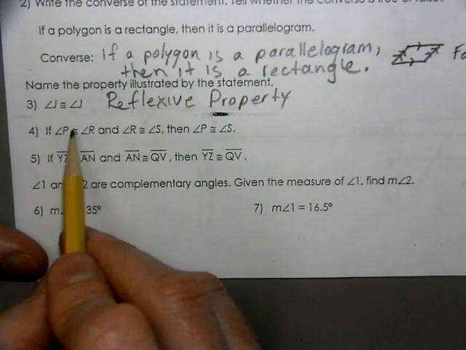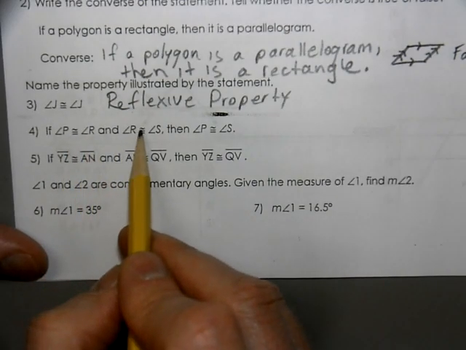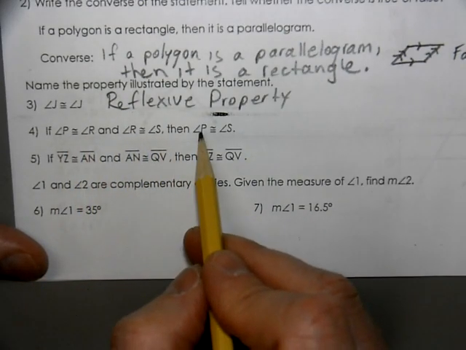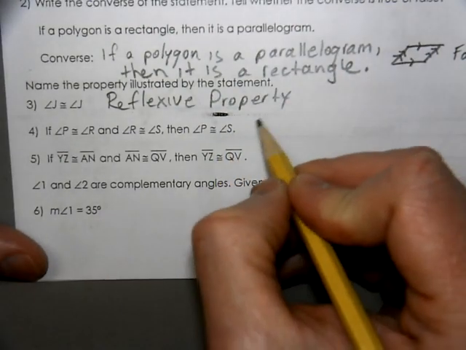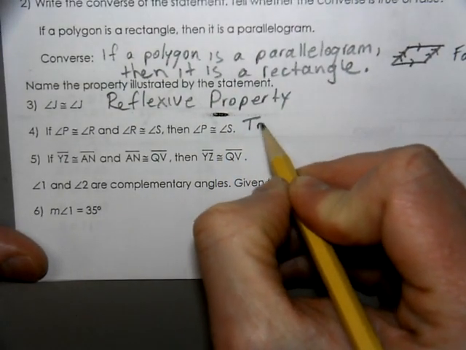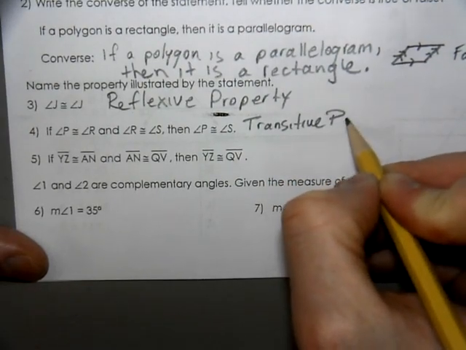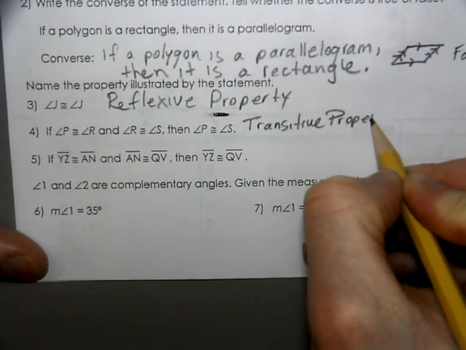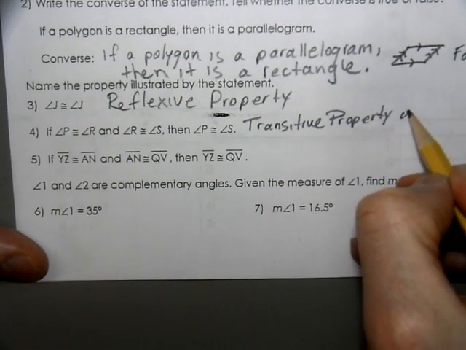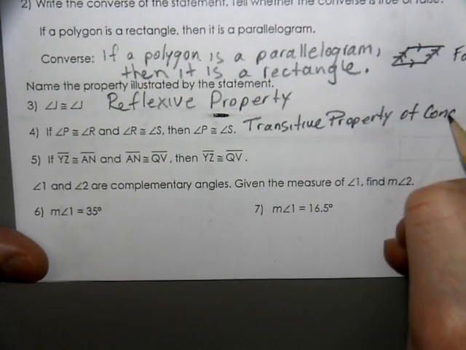Here we have if angle P is congruent to angle R and angle R is congruent to angle S, then angle P is congruent to angle S. That's the transitive property of congruence.